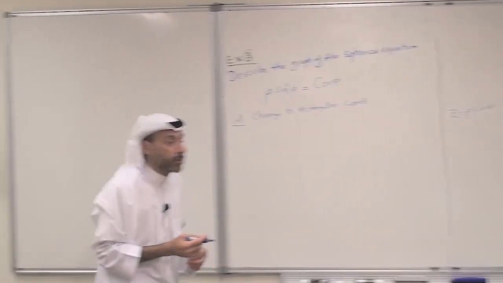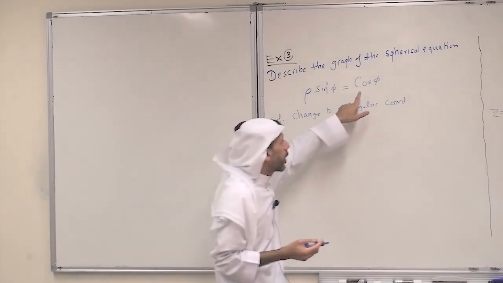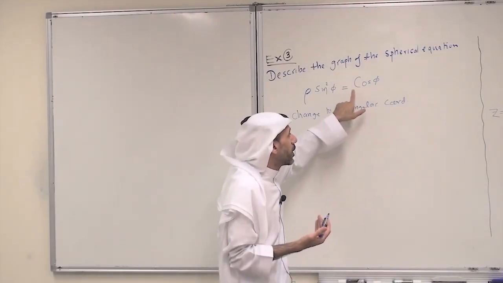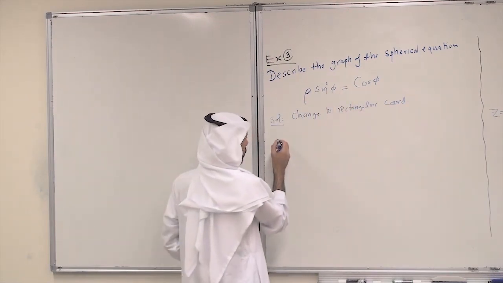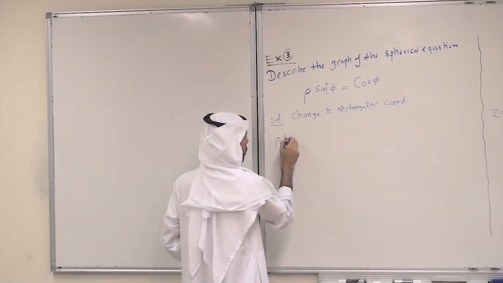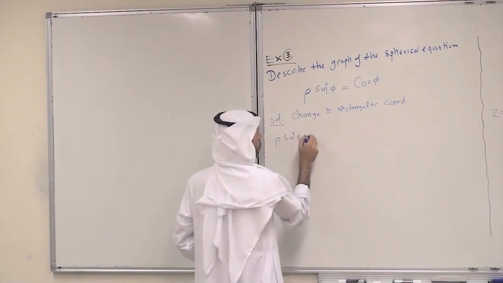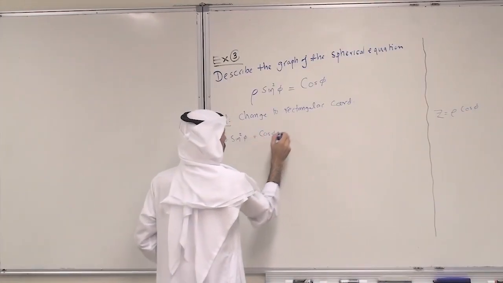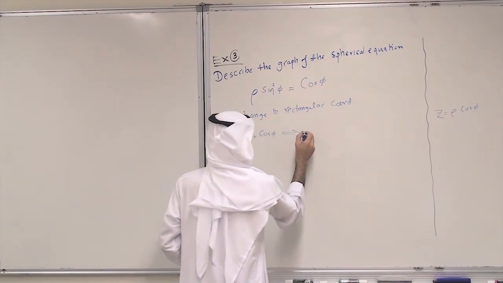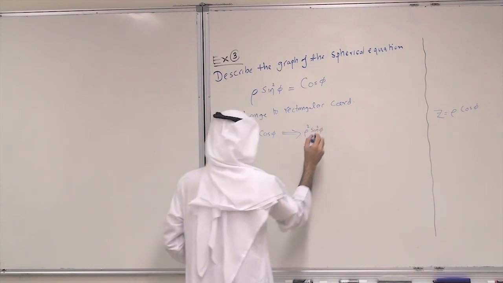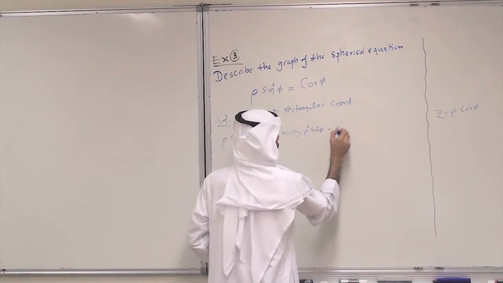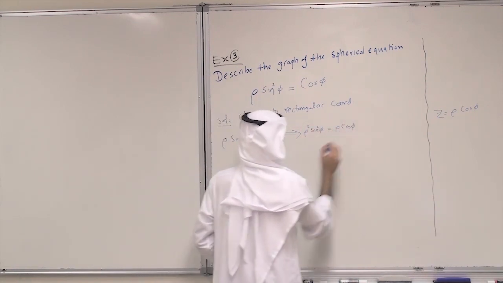I have cosine phi, and to get z, I need rho. So just multiply both sides by rho. You get rho squared sine squared phi equals rho cosine phi.